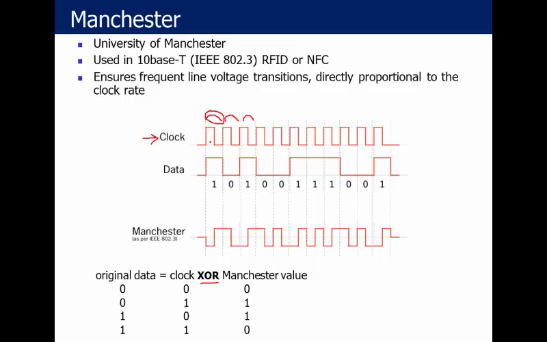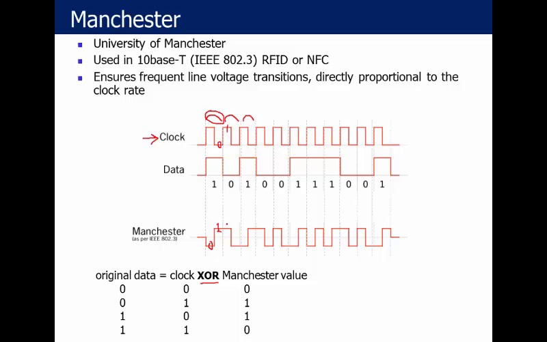Take 1 first, and exclusive OR with 1. 1 exclusive OR 1 is 0. So this is a 0. And then this is a 0, right? 0 exclusive OR 1 means 1. So we have 1. Again, here is 1. 1 exclusive OR 0 means 1.